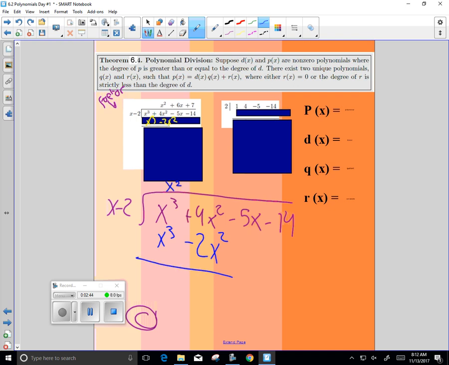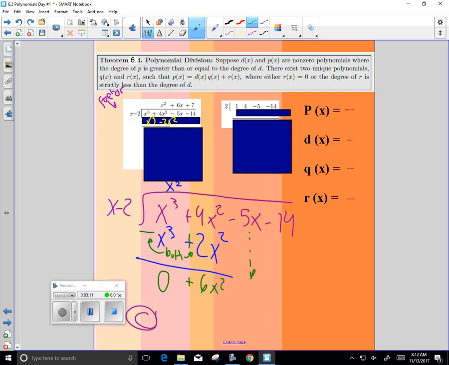All right, now, what do you do with these two x cubes? Add them? If you added them, it would be a mess, wouldn't it? So what we're going to do is add the opposite, but you have to do it to both. So make sure you do it to both here. Take the opposite of each one. Now when I take x cubed, reduce it by x cubed, I get 0, and I get 4x squared plus 2x squared is 6x squared.